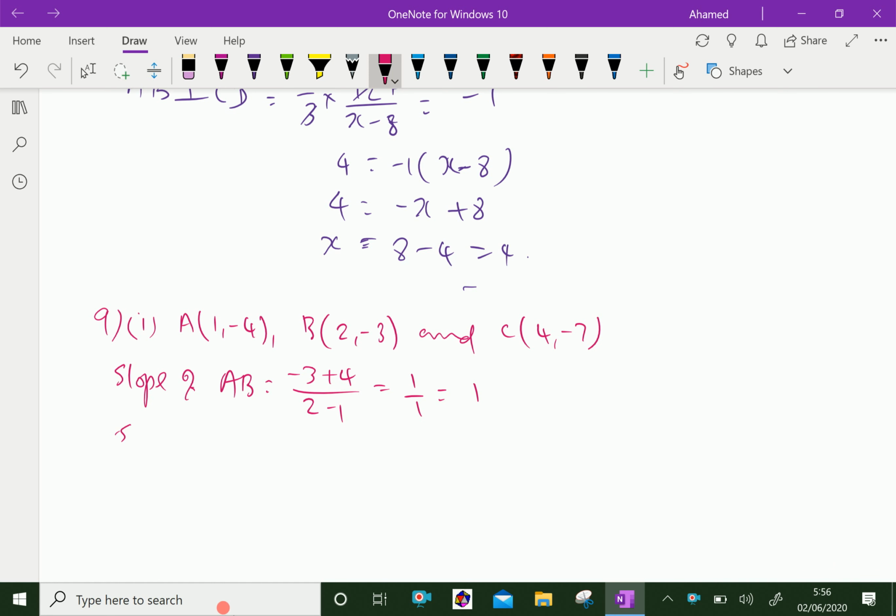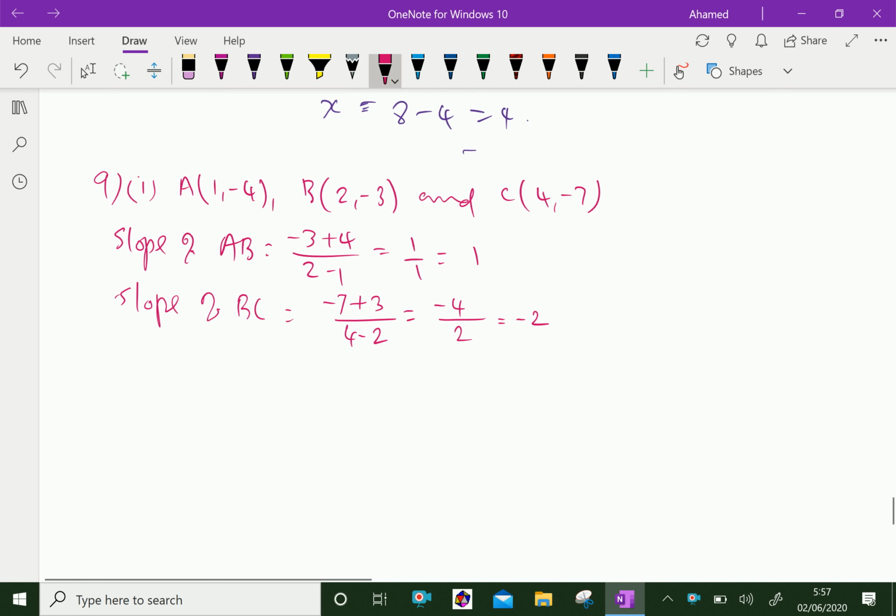Now the slope of BC, B is here, point C is here, so minus 7 minus of minus 3 over 4 minus 2, that is minus 7 plus 3 over 2, which is minus 4 over 2, which is equal to minus 2.